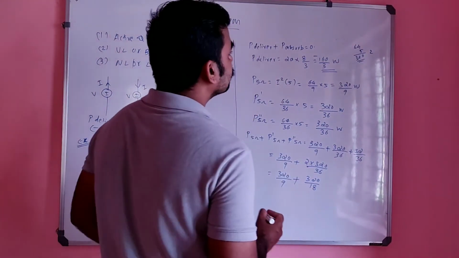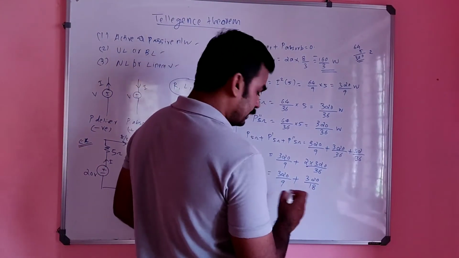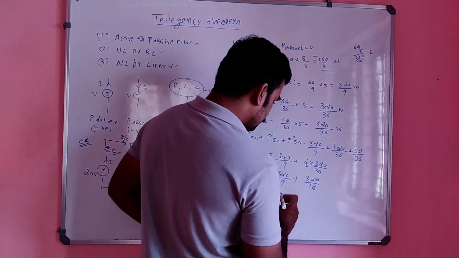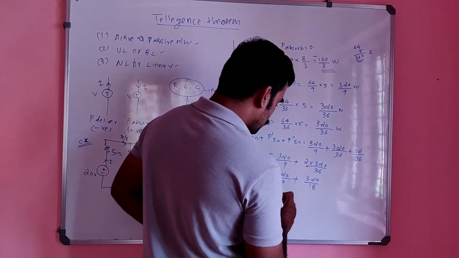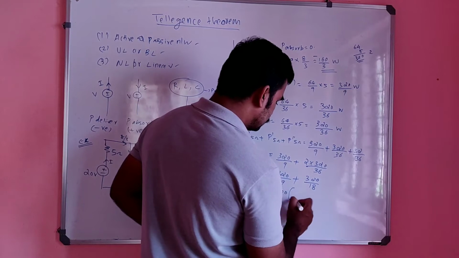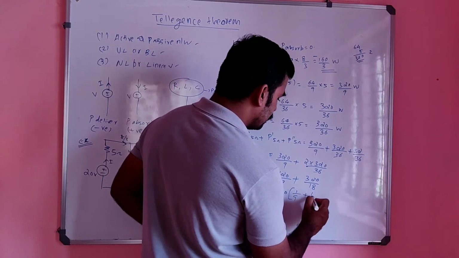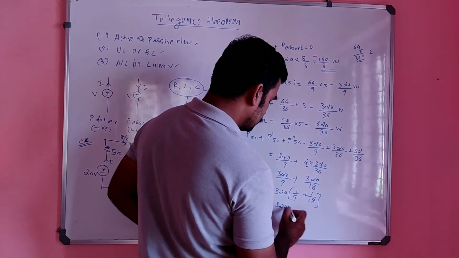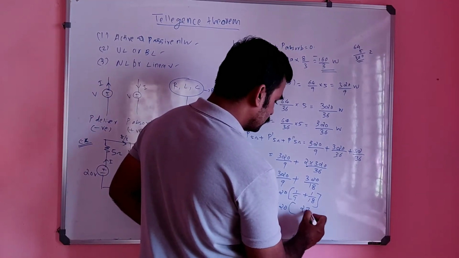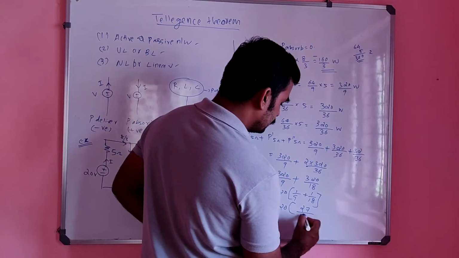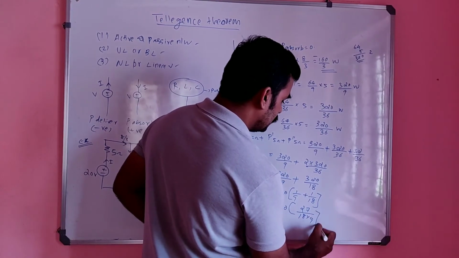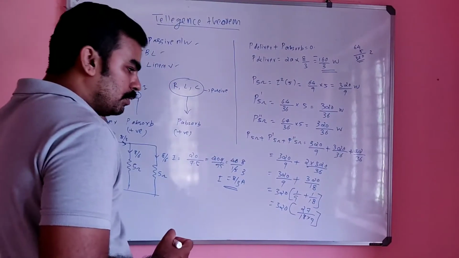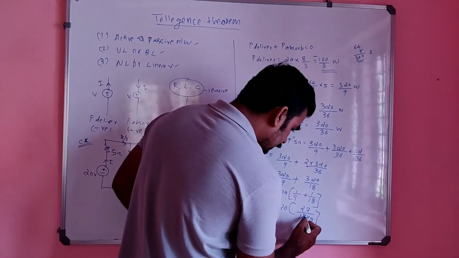Taking 320 common, it is 1 by 9 plus 1 by 18, so it will be 320 into 27 divided by 18 into 9.